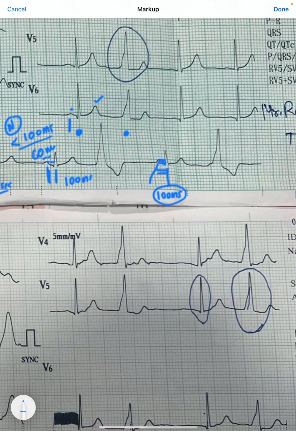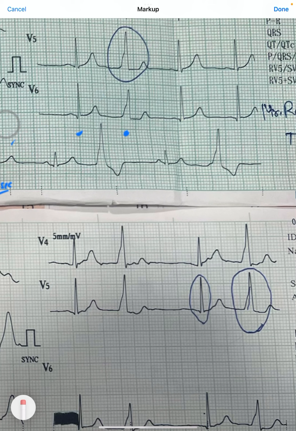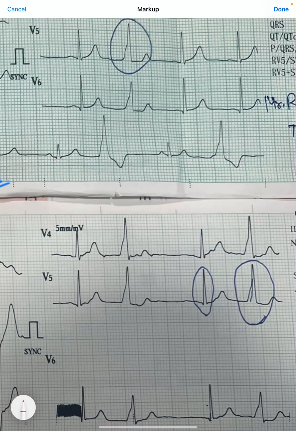Now, when we consider this abnormal QRS wave, what we can see is there is no P, and this QRS is pretty wide. It is like one box, two box, three box, and four box. So it is around 160 milliseconds wide.